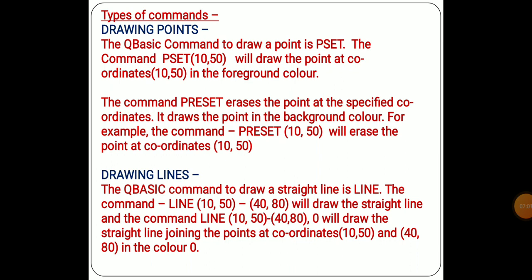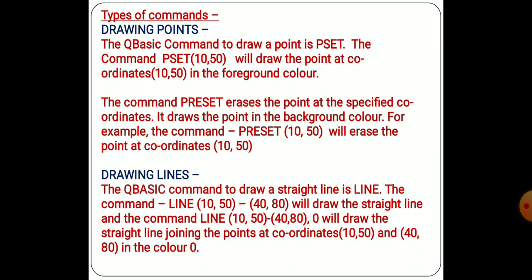Now we will see a brief description of some of the commands for drawing simple objects such as points, lines, circles, etc. From that, first is drawing points. The QBasic command to draw a point is PSET. PSET will draw the point at specified coordinates. The command PRESET erases the point at the specified coordinates.